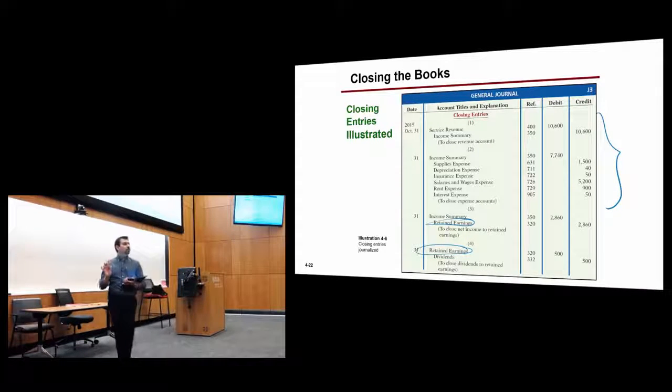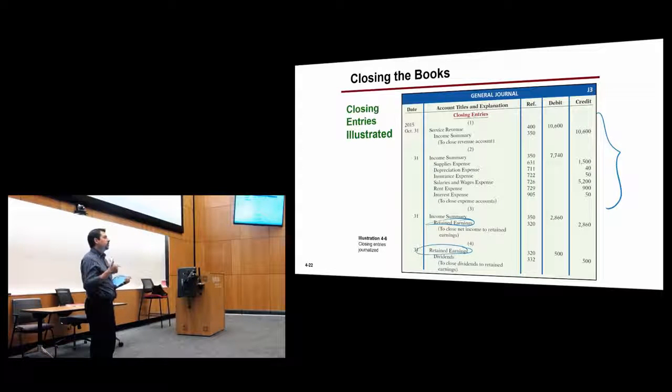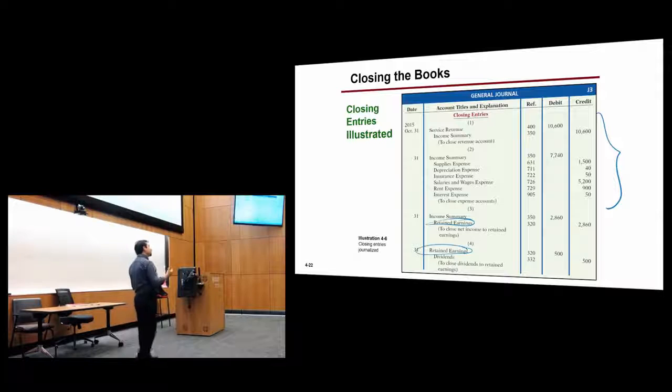Again, there are four closing entries. You debit revenues, you credit income summary, you credit expenses, you debit income summary. So the first one would be to debit the revenues, credit income summary. The second closing entry would be to debit income summary, credit expenses.